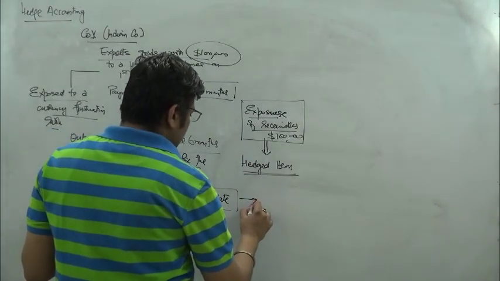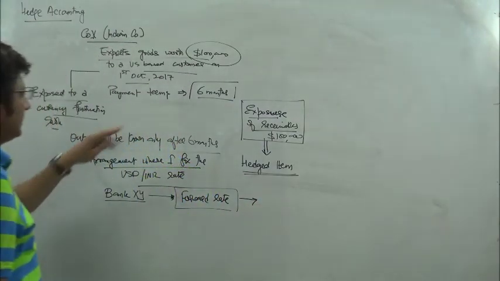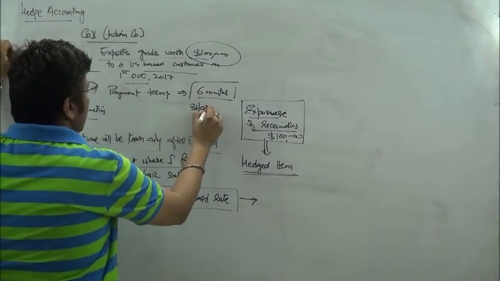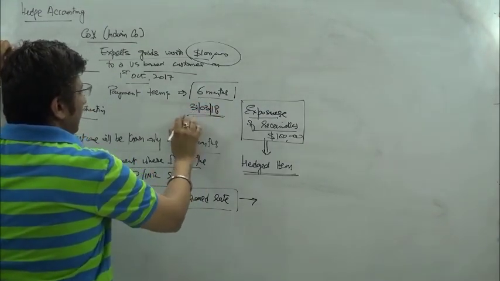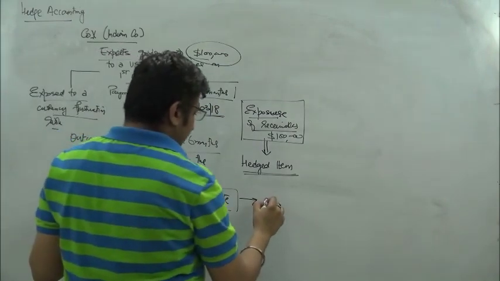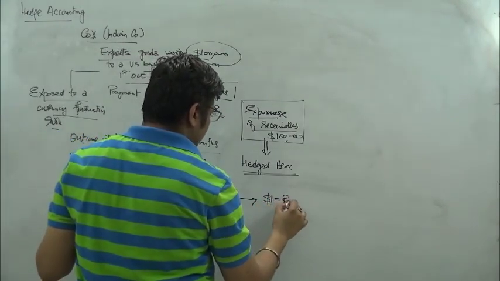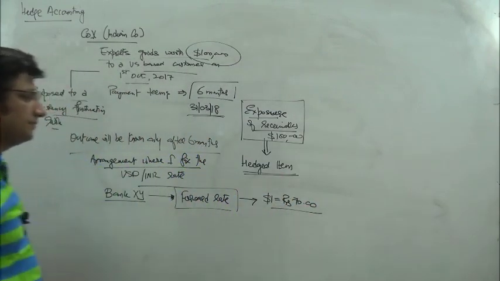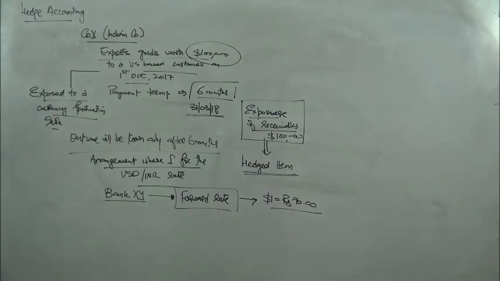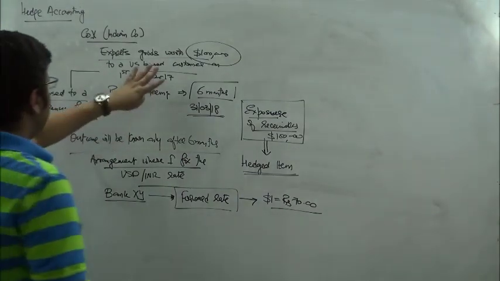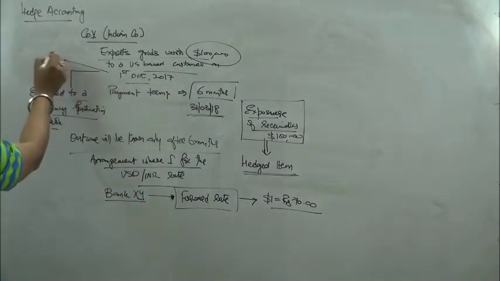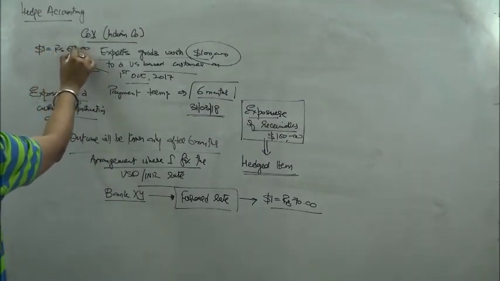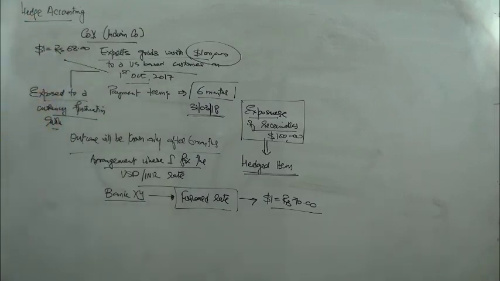Okay, right? So when I say that I'm looking at a forward rate, it may so happen the bank tells me, look, 6 months from this date, that is 31st of March 18, I can offer you a rate of 70 rupees. Let us say on the date of sale, this rate is standing at 68 rupees here.